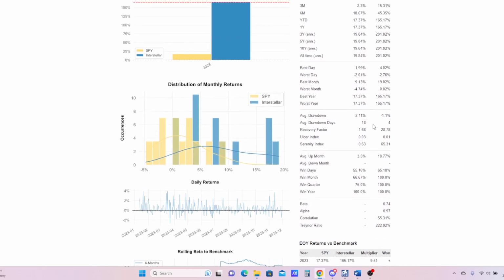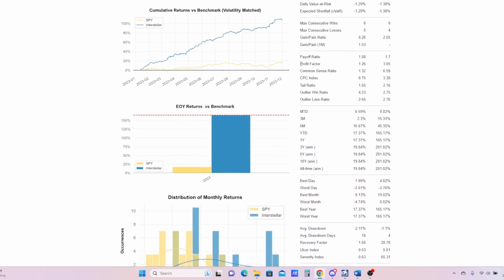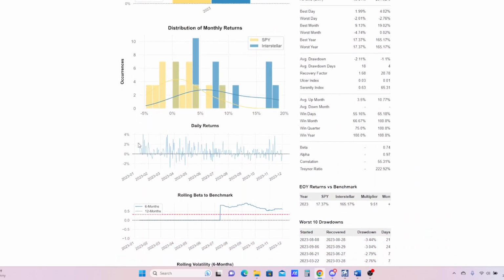And then, like I said, for profit factor, I would probably look for at least a 1.5 or higher. So the fact that mine is a 3.05 and you have a 65% win rate, most of your winning days are going to be larger than most of your losing days.